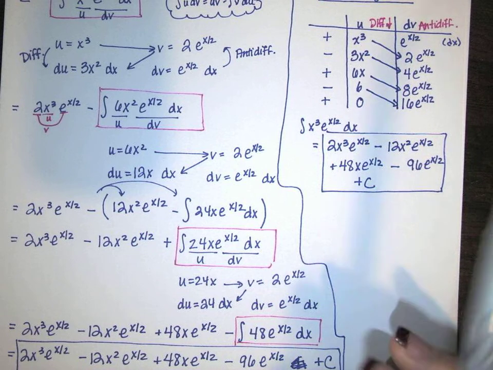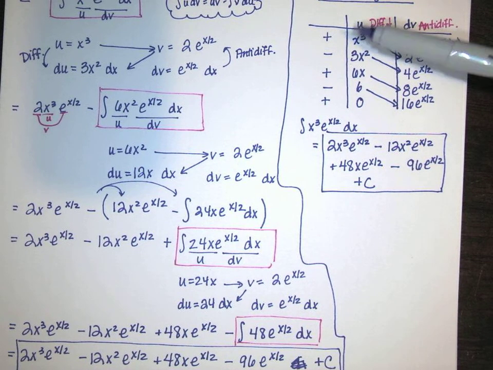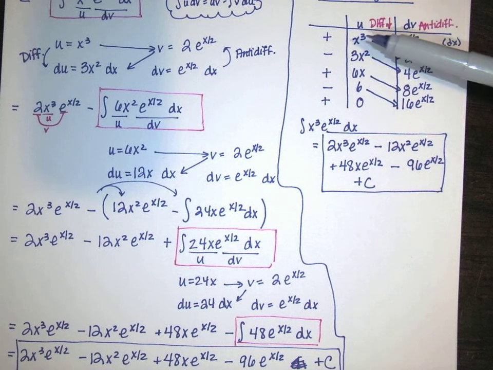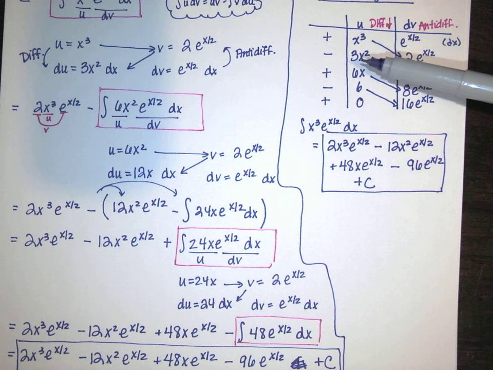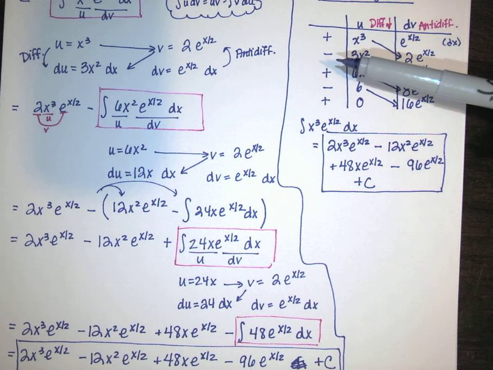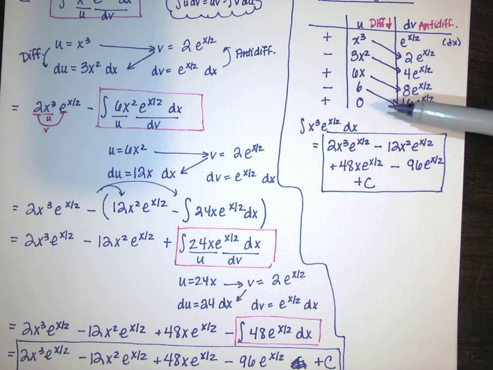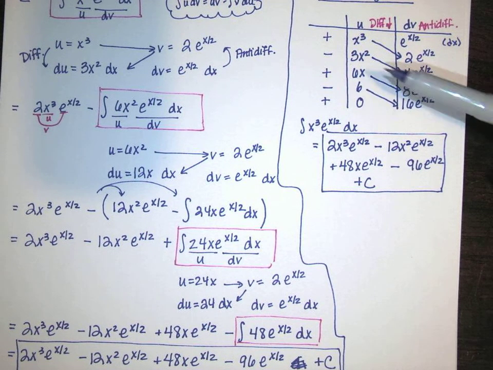Now, I do want you to be careful about that. Whenever you're doing tabular integration by parts, this is not telling you that whatever you get here, you change the sign to make it positive. This is saying do this times this and multiply it by +1. Then this times this and multiply by -1. And this times this and multiply by +1. And this times this and multiply by -1.